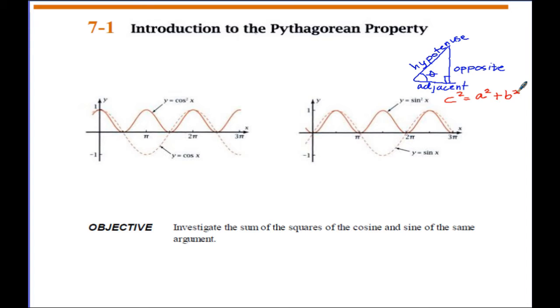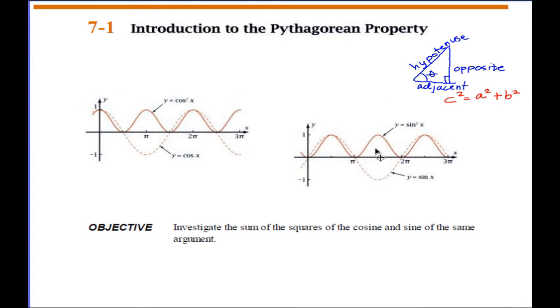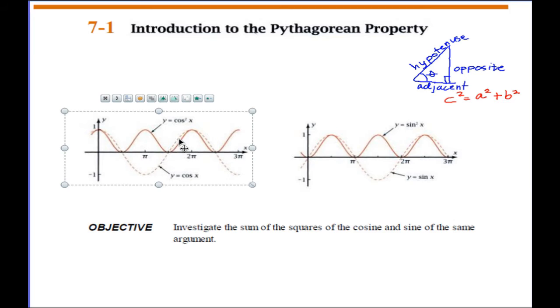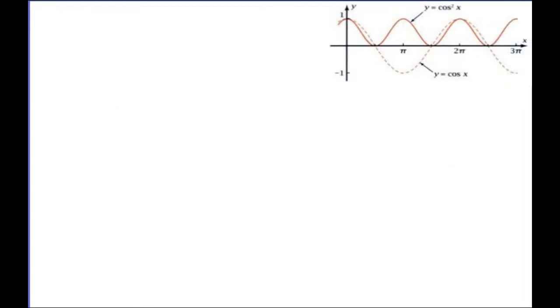So the objective in this lesson is to investigate the sum of the squares of the cosine and sine of the same argument. Meaning we have an argument x, for example. So this is y equals sine squared of x. Now, first let us draw cosine squared of x.